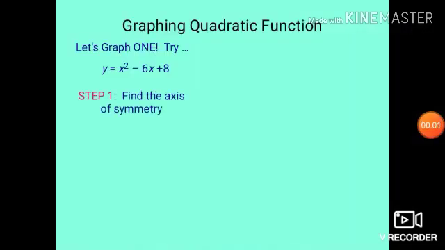Now, let's graph a quadratic function. Given y is equal to x squared minus 6x plus 8. We know that the value of a is 1, the value of b is negative 6, and c is 8. Based on the steps of graphing quadratic function, the first step is find the axis of symmetry.